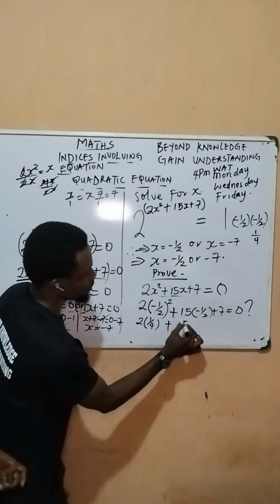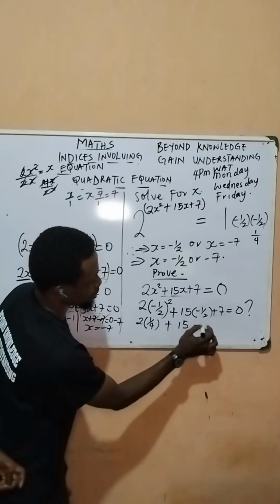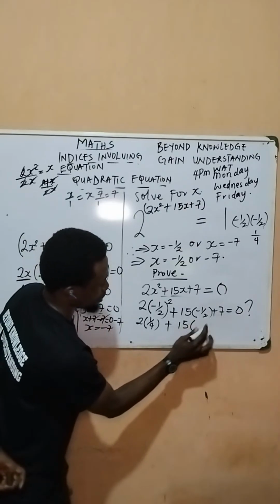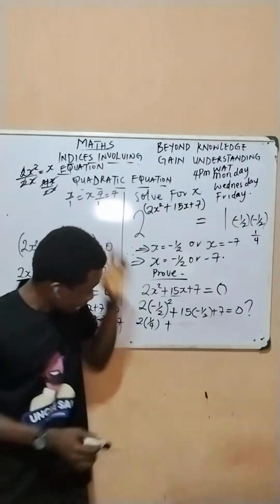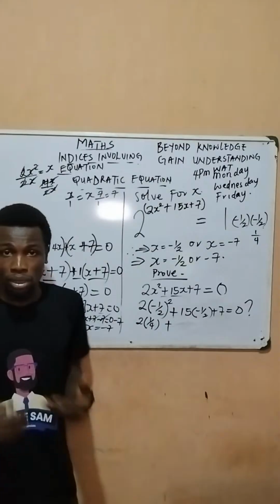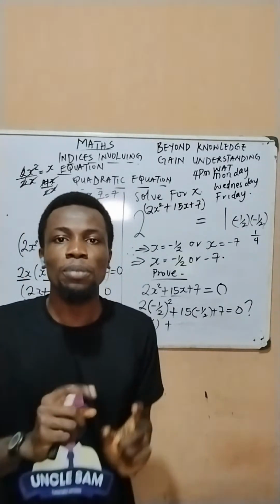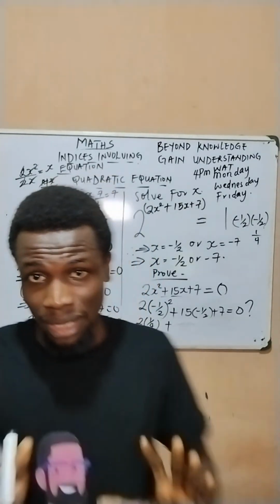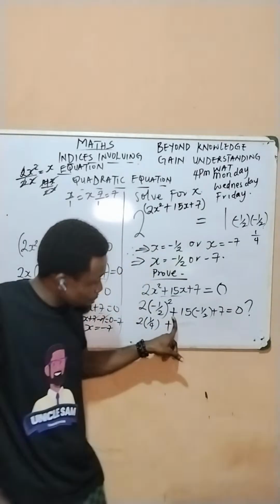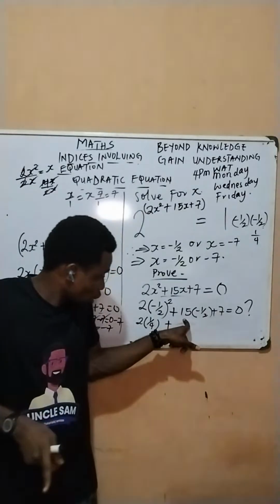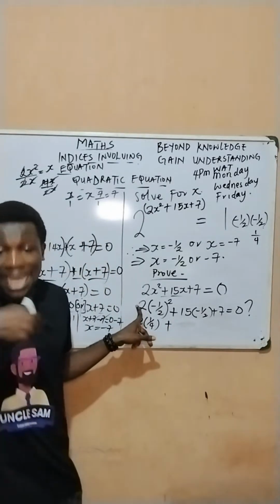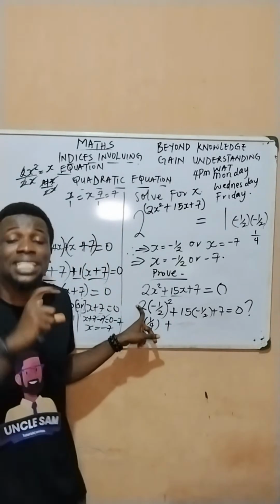Then plus 15 multiplied by 1 over 2. I can go on to simplify this. How do I simplify this now? Since this is plus 15, because if you don't know already, the sign comes before any given number in math. So this plus here belongs to 15. It does not belong to this side. That is telling you that this 2 here has its own sign, but it's invisible, it is a positive sign.